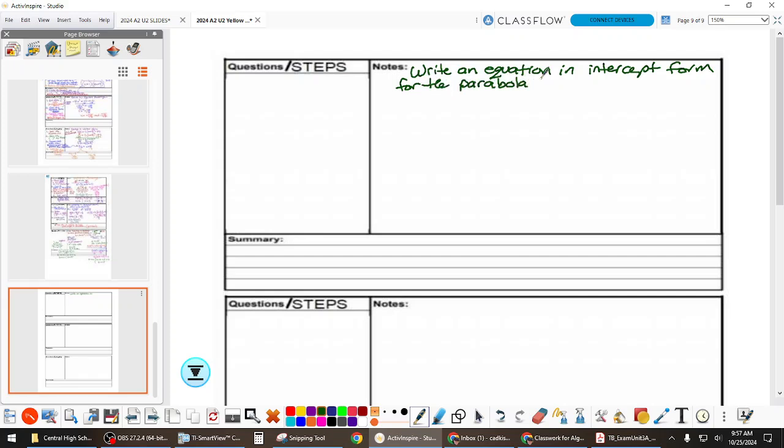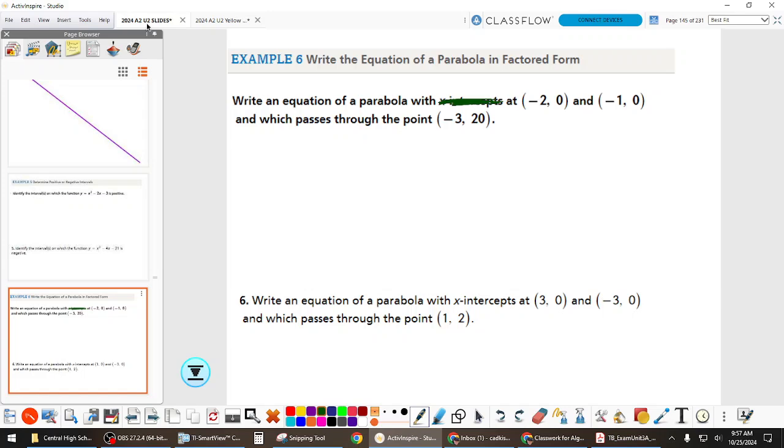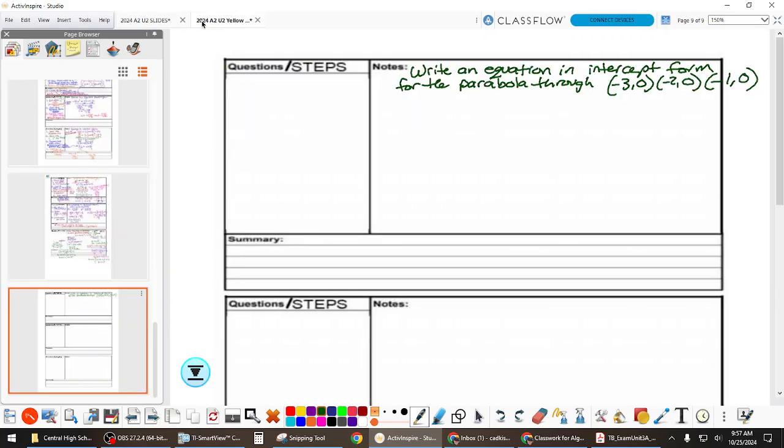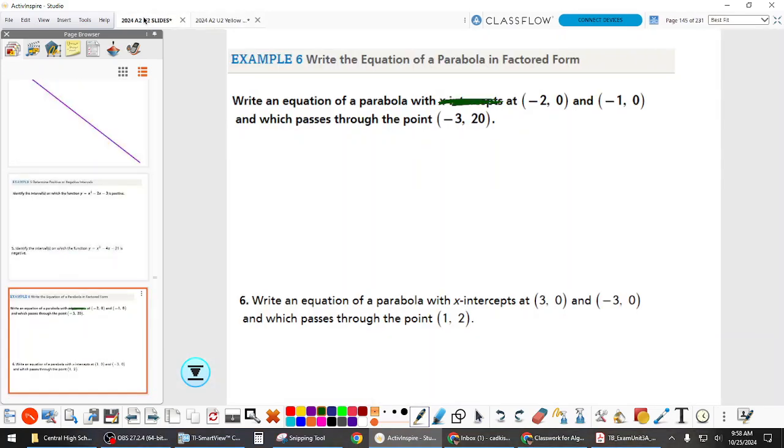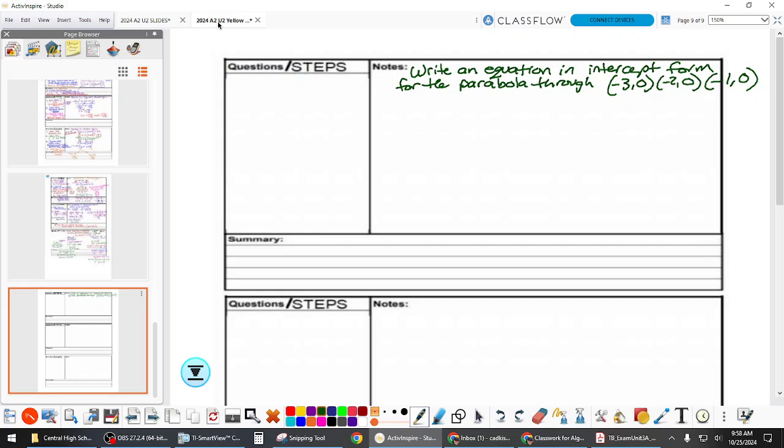So for the parabola through negative 3, 0, negative 2, 0, negative 1, 0. Quick double check to make sure I have those. Yeah. Okay. Hold on. Negative 3, 20. Fix the 0 on that one to 20. There we go.